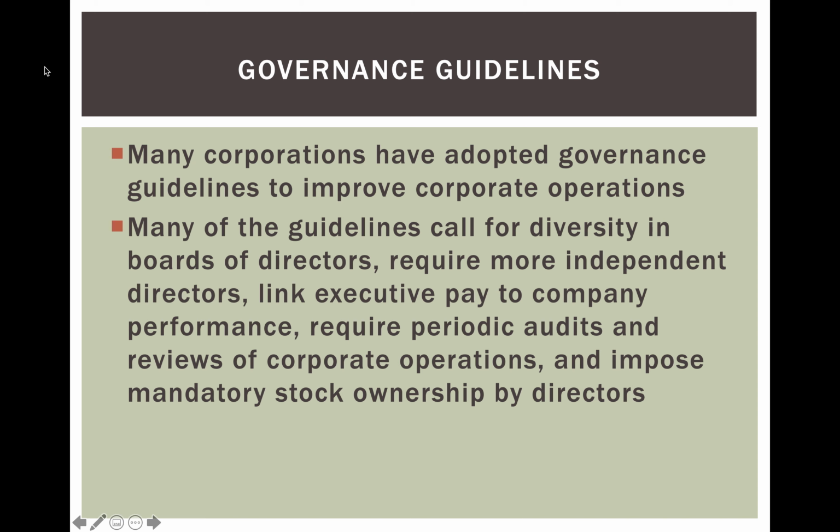So it doesn't make a lot of sense. So one internal governance guideline has been to link executive pay to company performance, which should make sense. If the company does well, then the executive can make more money. It's an incentive to do the right thing and help generate profits rather than just being paid a large sum regardless of how the company actually performs.